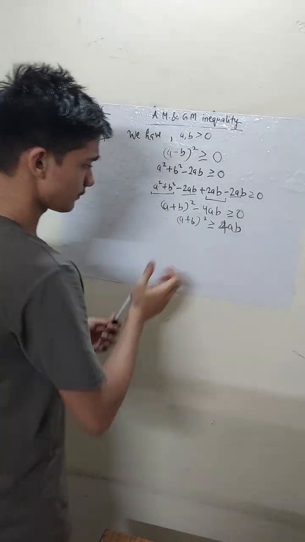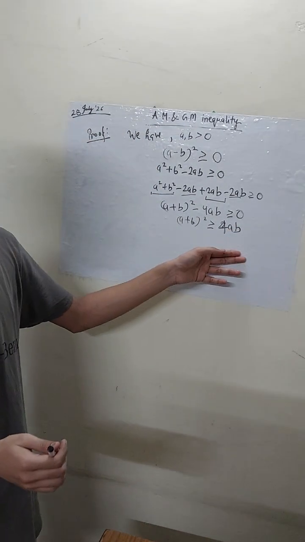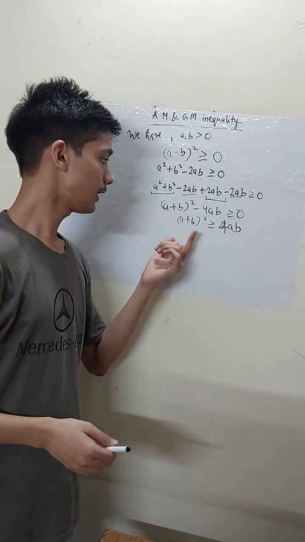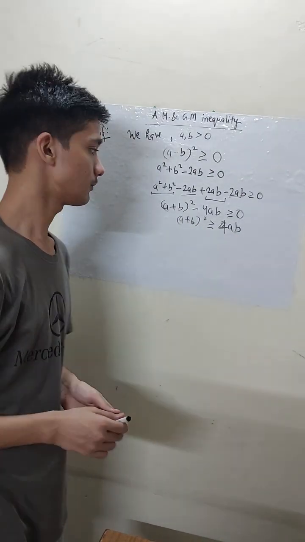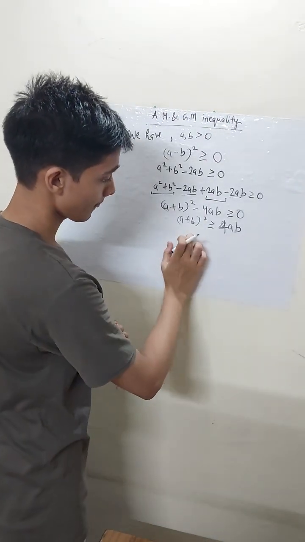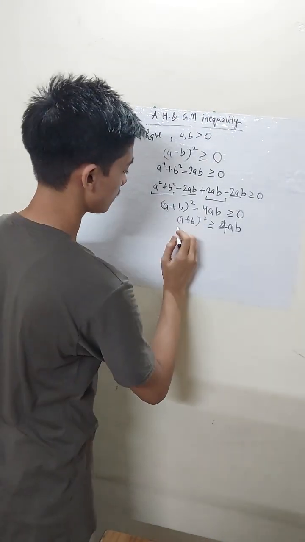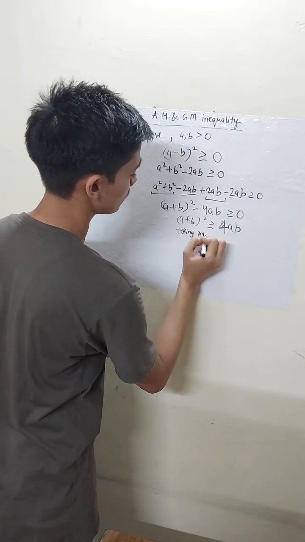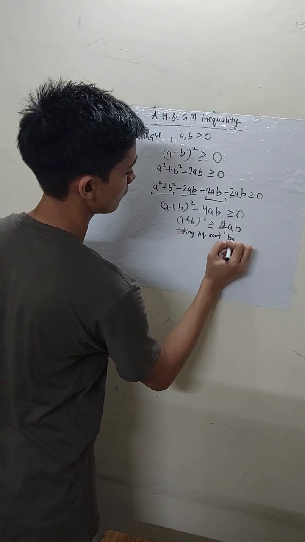Now since A and B are positive numbers, the multiplication of the two positive numbers is going to be positive, and here it's a square, so it must be positive. So we are going to take the square root of both sides.